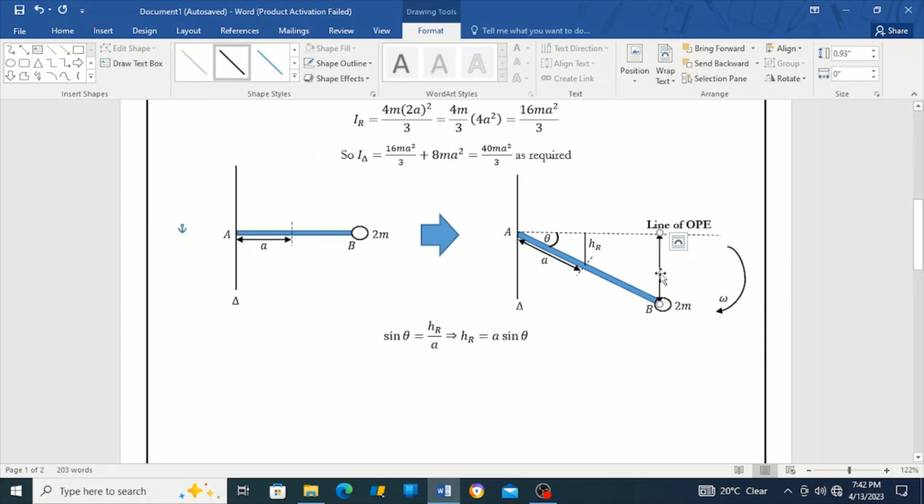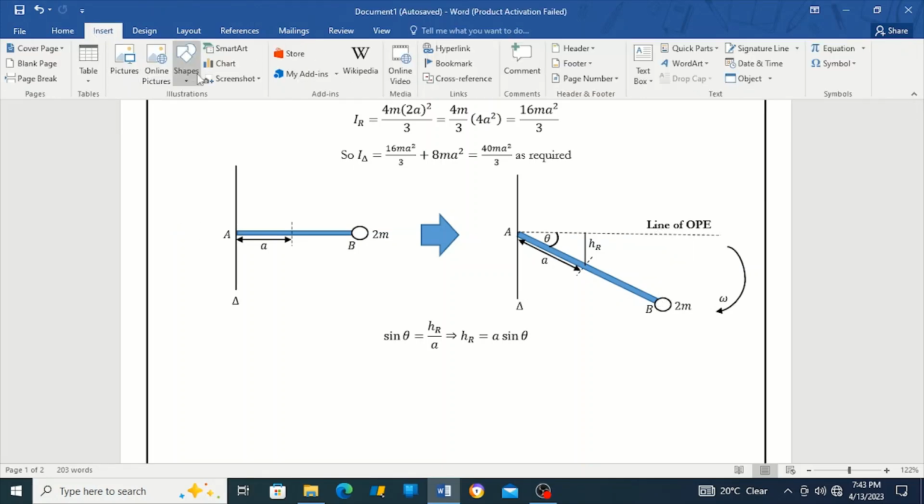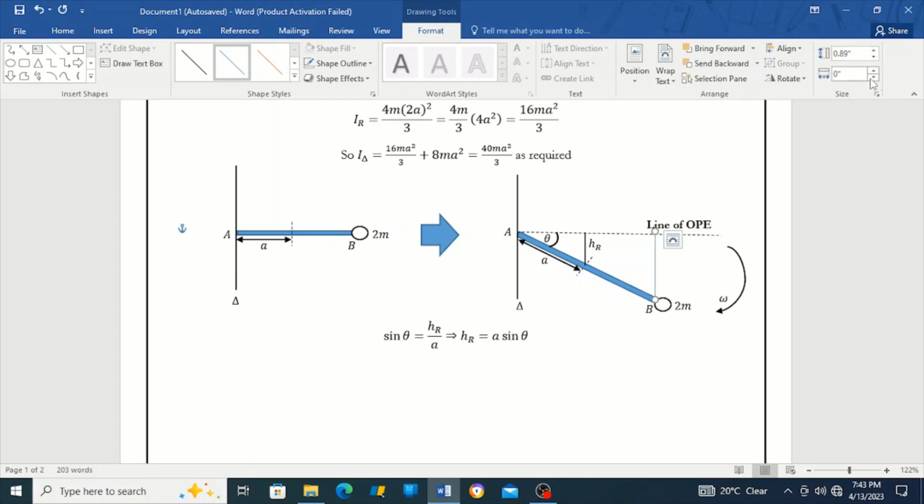That's the distance we are talking about. We are also going to use the Pythagorean theorem to get it. So this distance is hp, and we can clearly see that sine theta will give us hp divided by 2a, where a is the length of the rod.